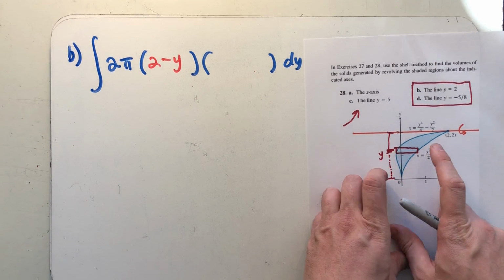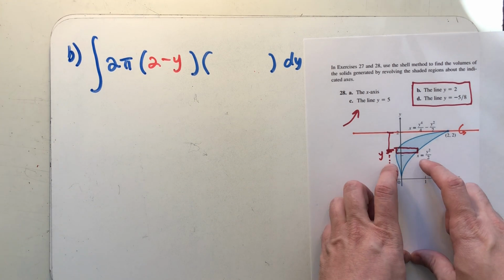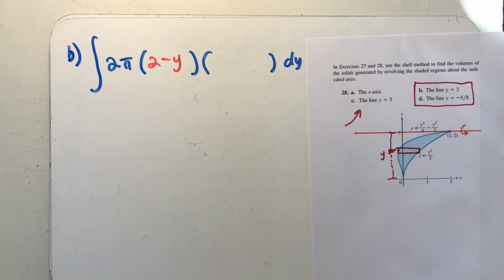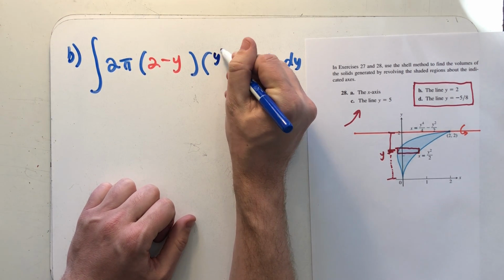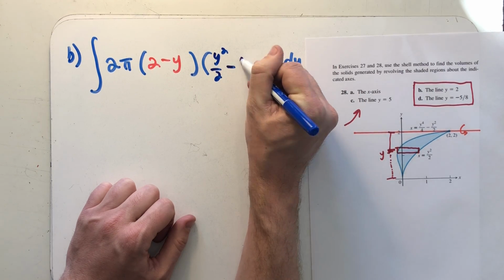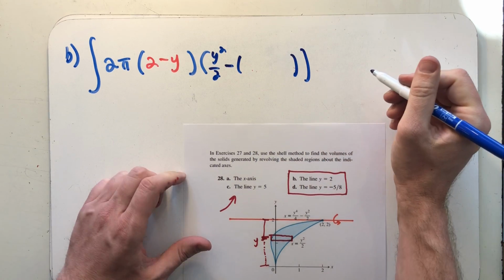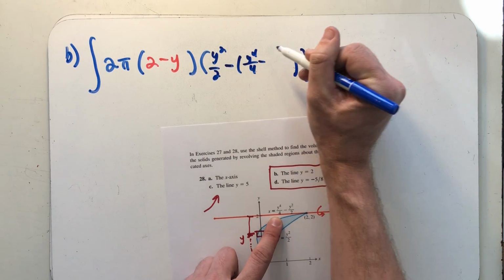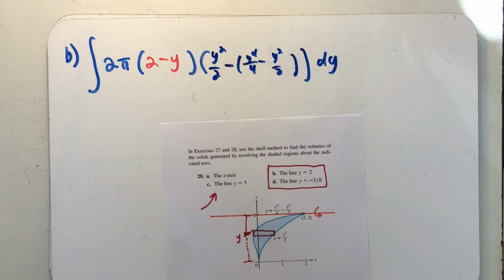So the upper function minus the lower function, because we're with respect to y, is really a right function minus a left function. So that's y squared over 2 minus this other function, y to the 4th over 4 minus y squared over 2, integrating with respect to y.